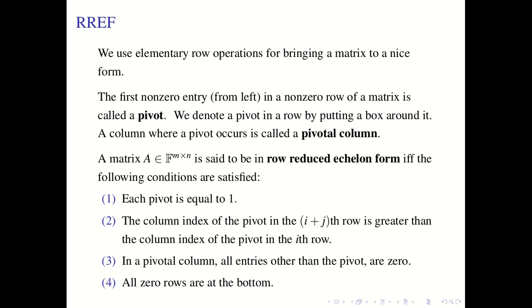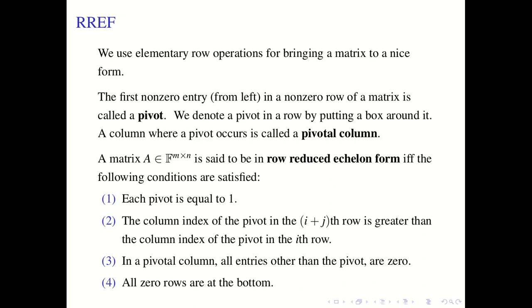A matrix A of order m by n is said to be in row reduced echelon form if the following conditions are satisfied. Each pivot is equal to 1.